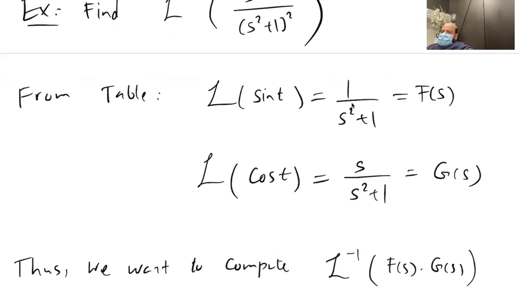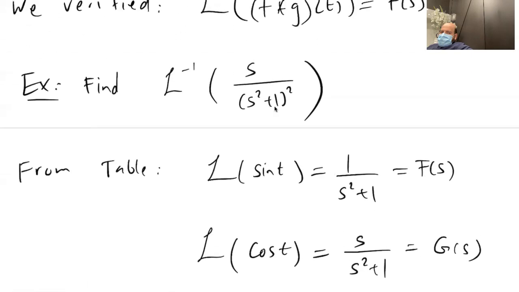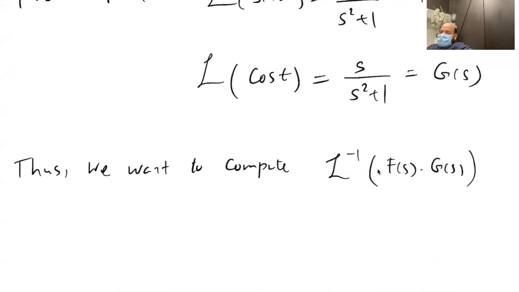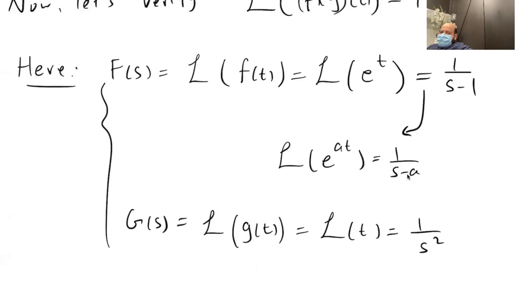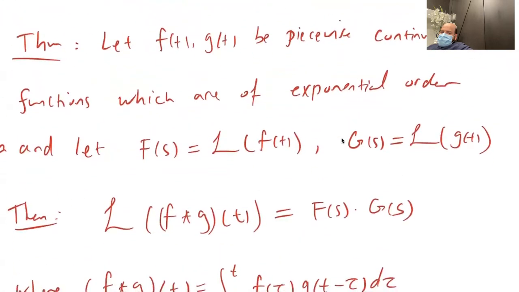If I call this one capital F of s and this one capital G of s, then capital F of s times capital G of s will be exactly this function, s over (s squared plus 1) the whole squared. So I want to find the inverse Laplace transform of F of s times G of s. But what is it according to the theorem that we just said? The theorem told us that the Laplace transform of the convolution of two functions is capital F of s times capital G of s.